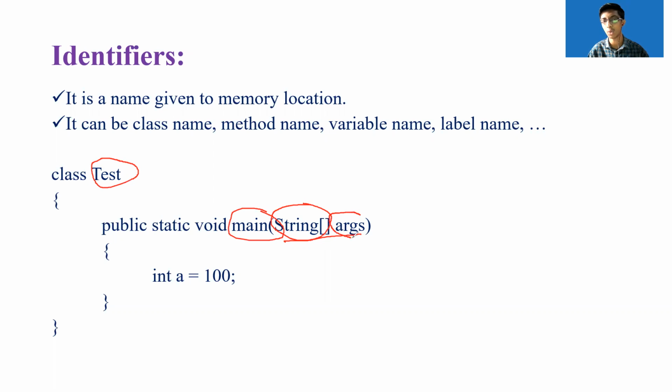Here, this is a variable name, of type string array, and this is an integer variable. So in this program we can see five identifiers: 1, 2, 3, 4, and 5. Like this, you can take any number of identifiers in order to identify the memory uniquely.